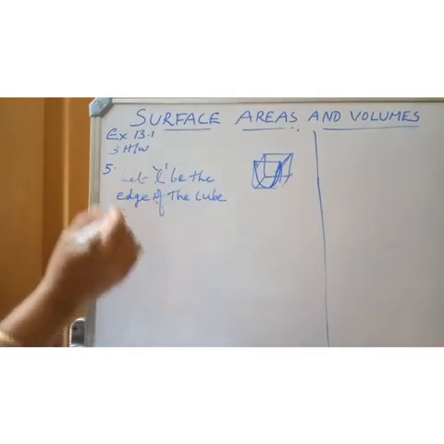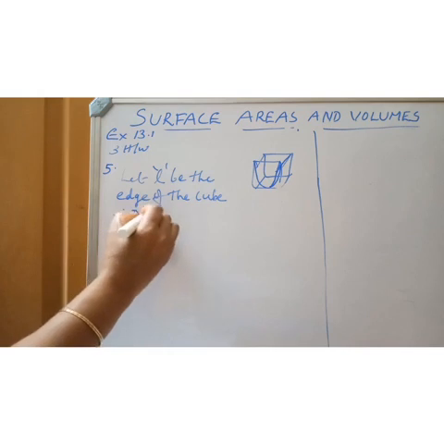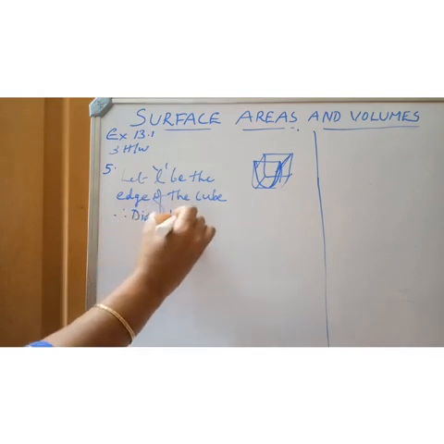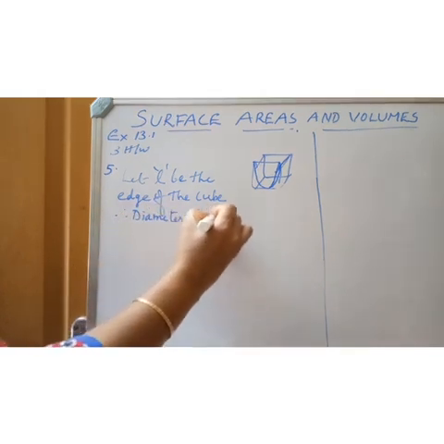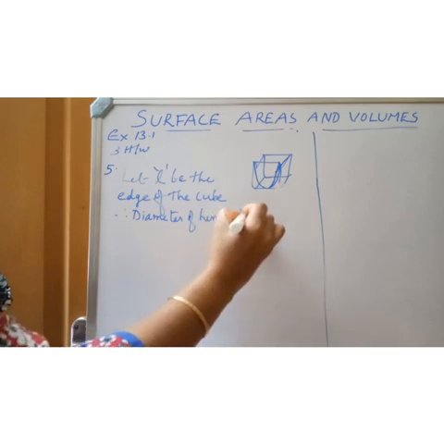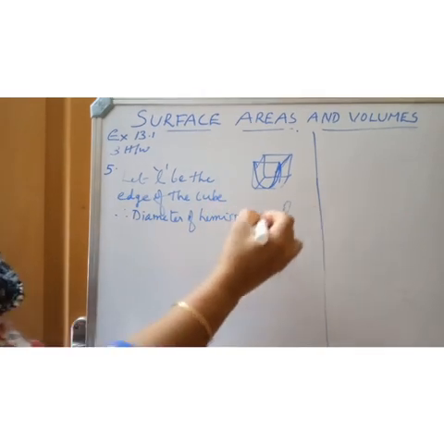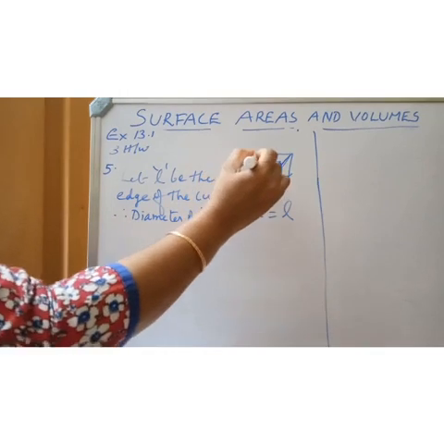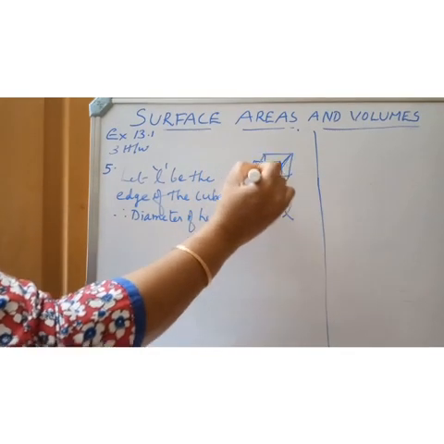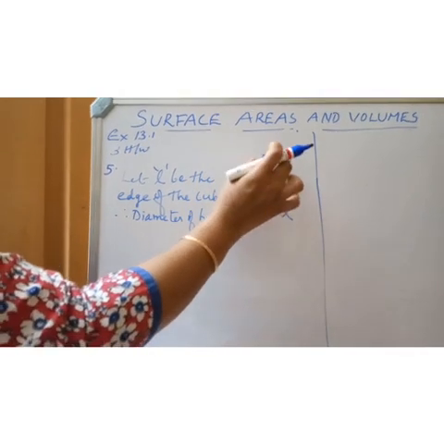Therefore, diameter of hemisphere equal to L, because the diameter of this hemisphere is touching both these vertices.